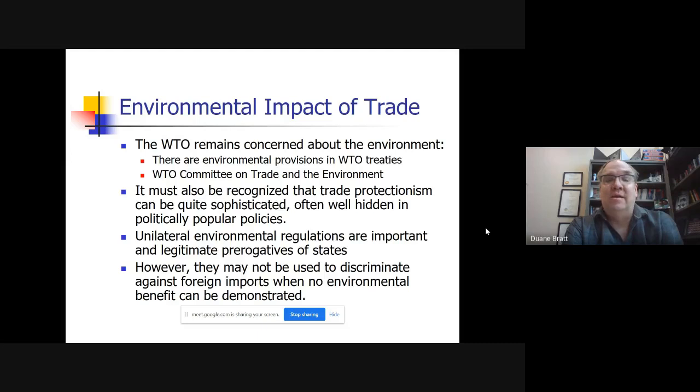The WTO recognizes that states have the ability of unilaterally implementing environmental regulations. It is an important prerogative of government, but they can't be used to discriminate against foreign imports when no real environmental benefit can be discerned or demonstrated.